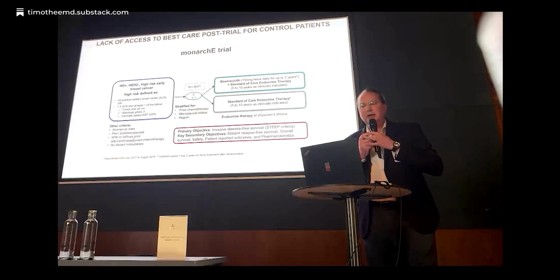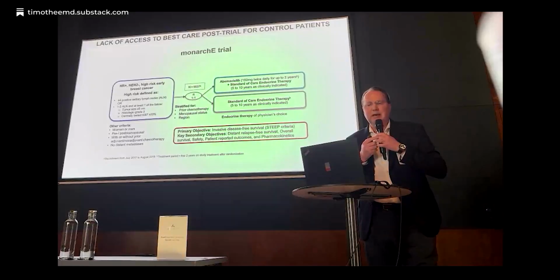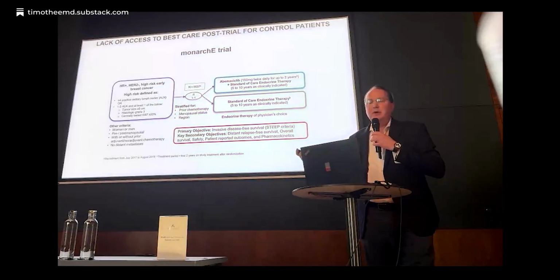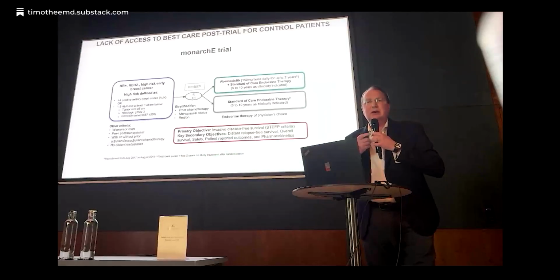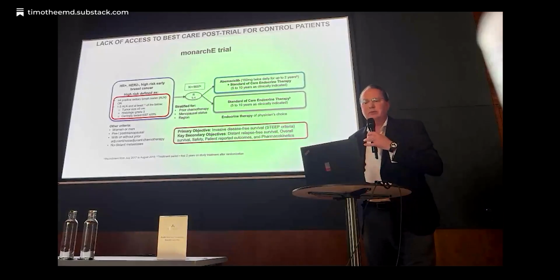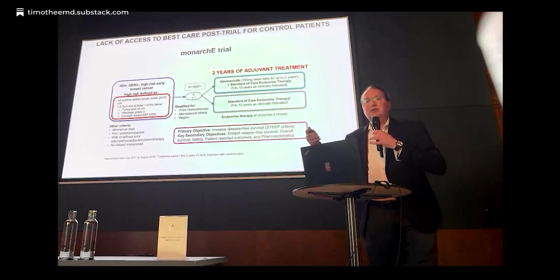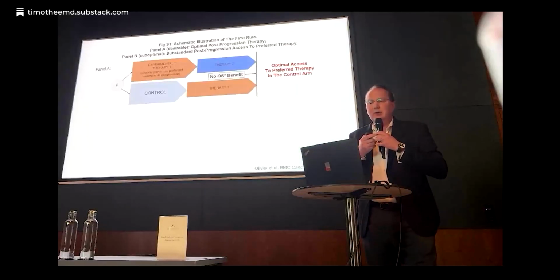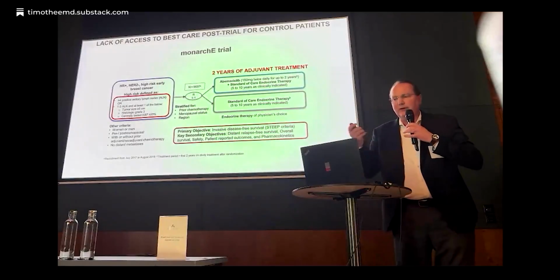in monarchE. So monarchE, I will go fast, maybe this will be addressed in the talk, but these are hormone receptor positive patients, HER2 negative patients, high risk according to some criteria, and it's an open label design, and they are receiving 2 years of adjuvant abemaciclib or something else. Or standard of care, sorry.